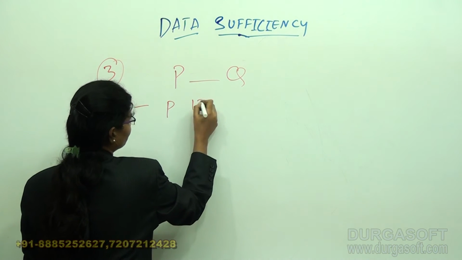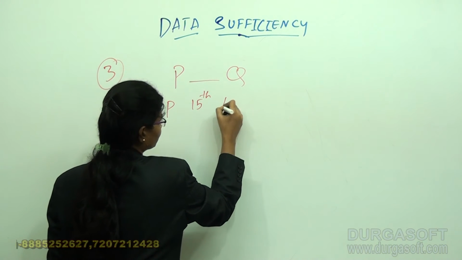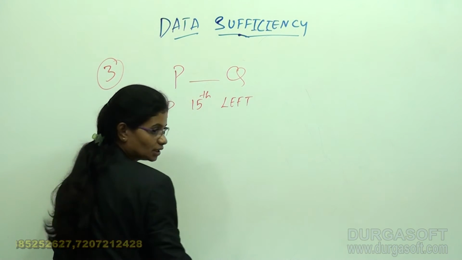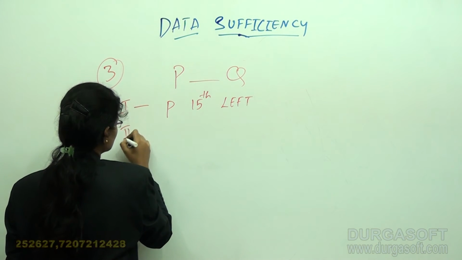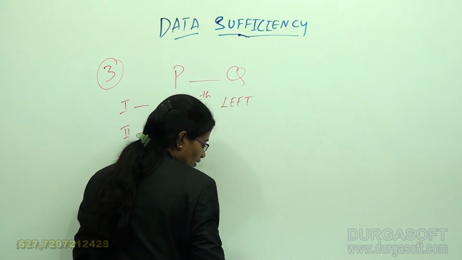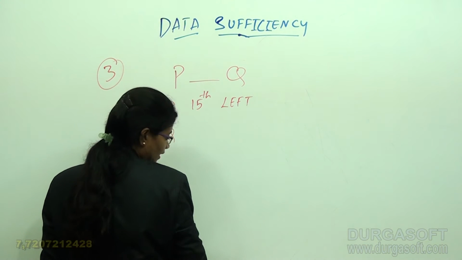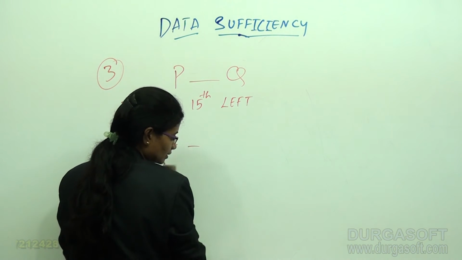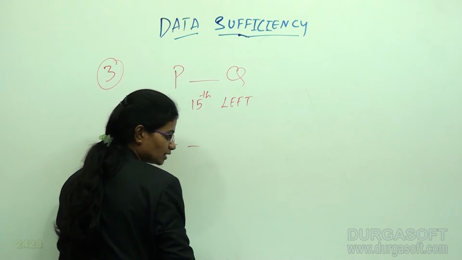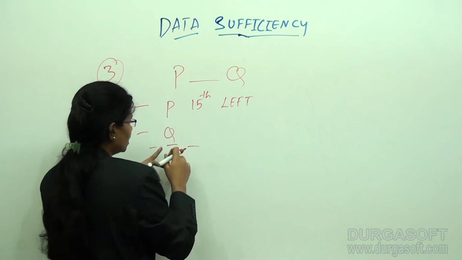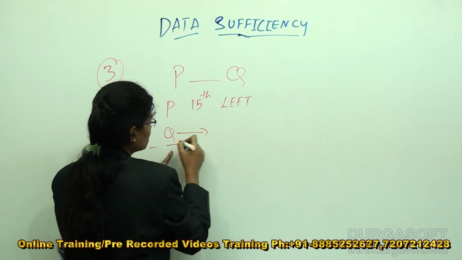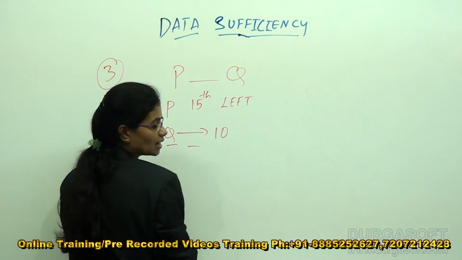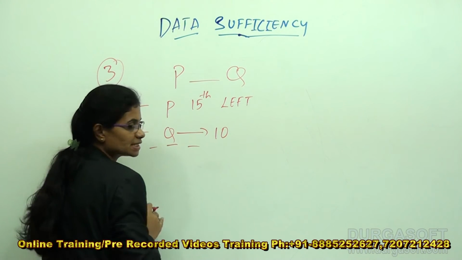Second, Q is exactly in the middle, and there are 10 children towards his right, that means 10 children after Q. So this is my second statement.